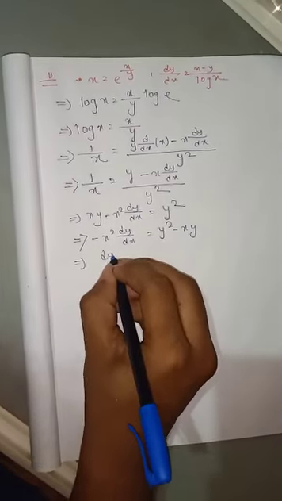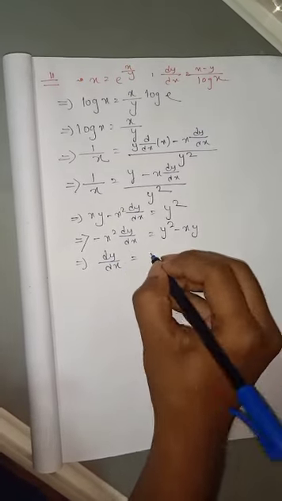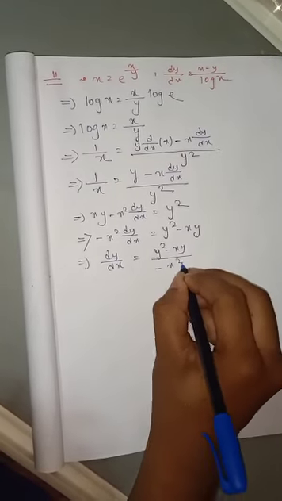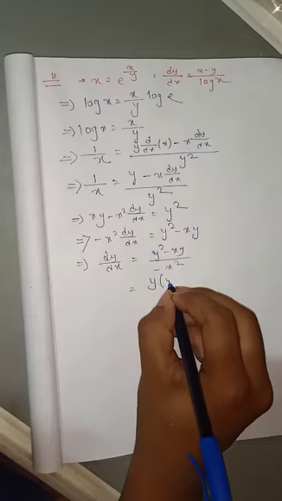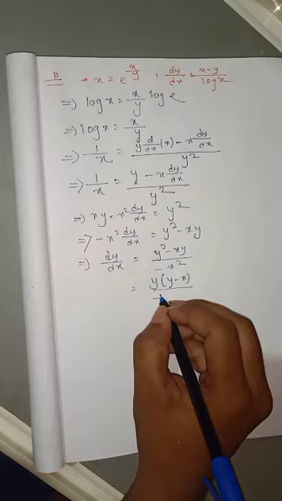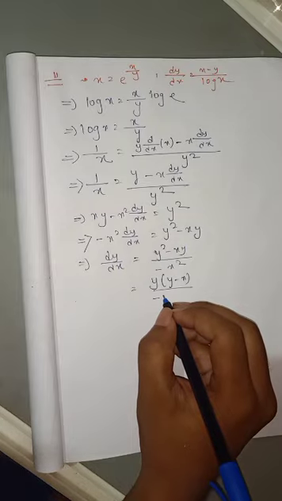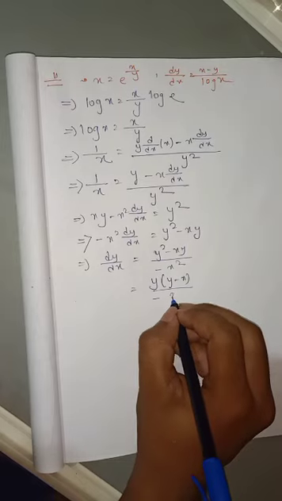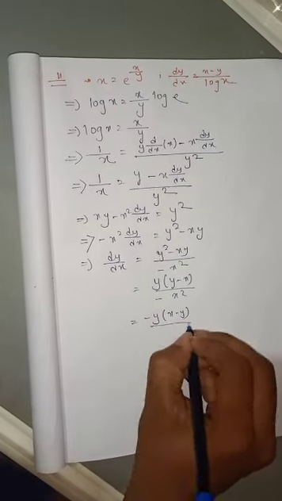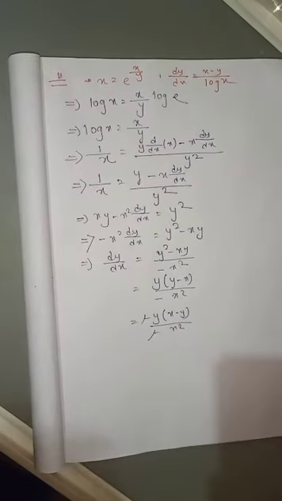So dy by dx is equal to y square minus xy divided by minus x square. Y take common, y minus x divided by minus x square. Minus take common, minus y, x minus y, and minus x square cancelled. Okay.